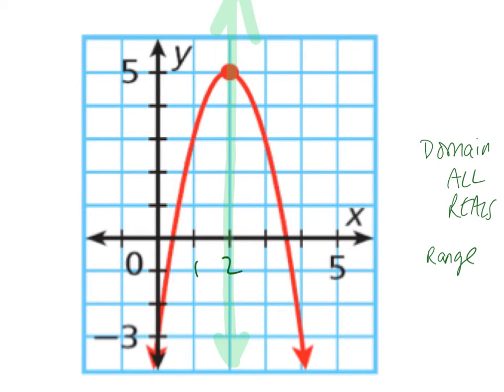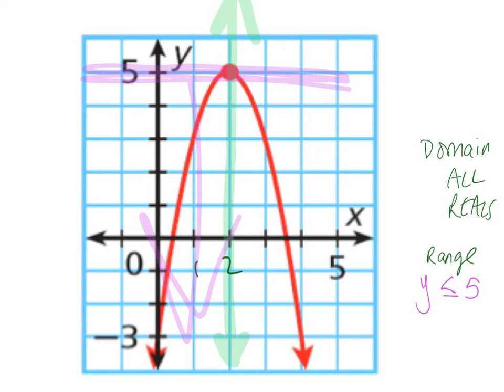So that means your y values are from here all the way down. And that's the way we write y is less than or equal to 5, because it includes 5 because it's a solid point. So it is from 5 and below. That is the range. So y is less than or equal to 5. Domain is always all reals.